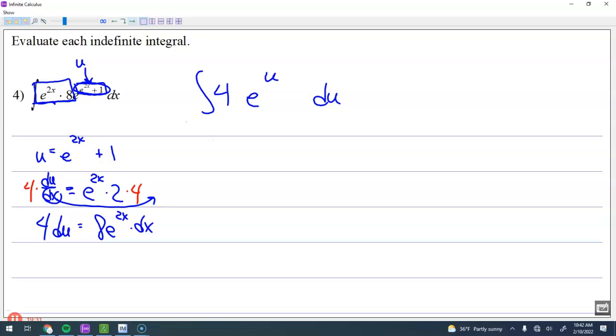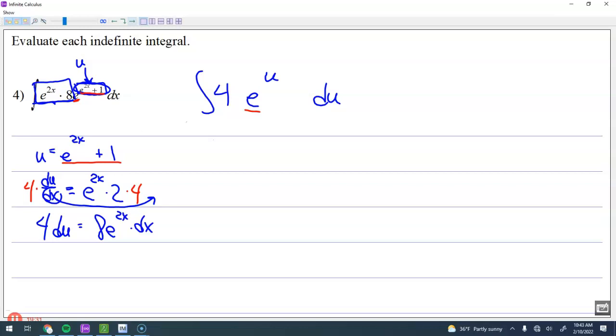Let's see, that's me. This e is this e. Because the u is like that. Let me keep going, then we'll do another one.